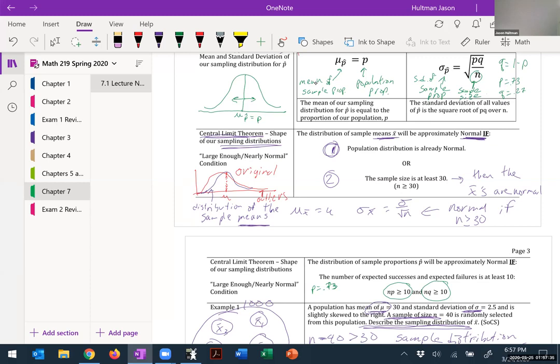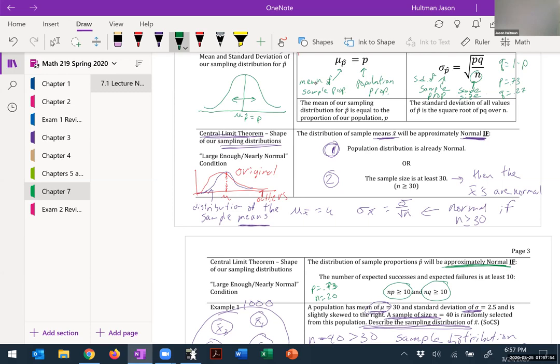But what about a sample size of 20? What if N is equal to 20? Is that going to give me a normal? It's approximately normal if N times P is greater than 10 and N times Q is greater than 10, so both of them.